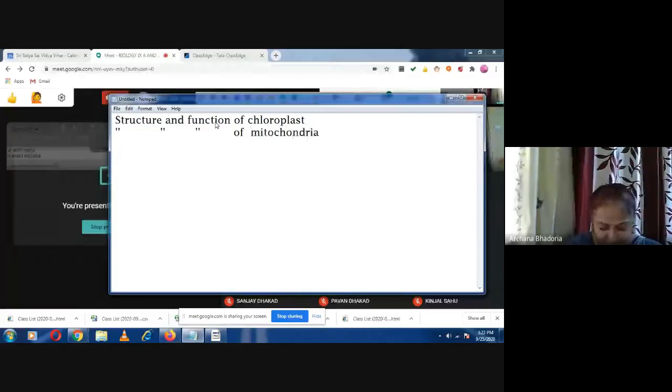Then next thing you will prepare nicely: in the same way, structure and function of endoplasmic reticulum. You can put commas also.